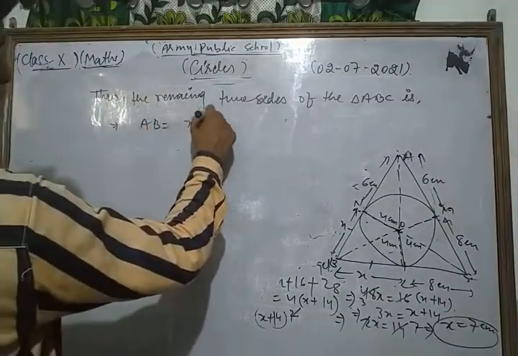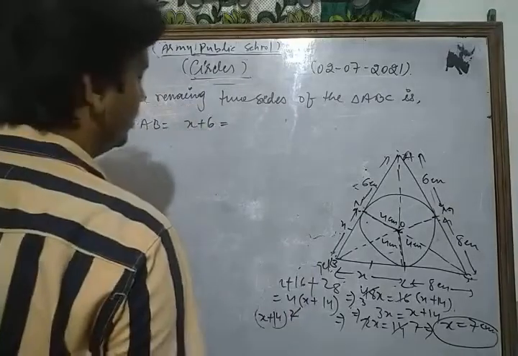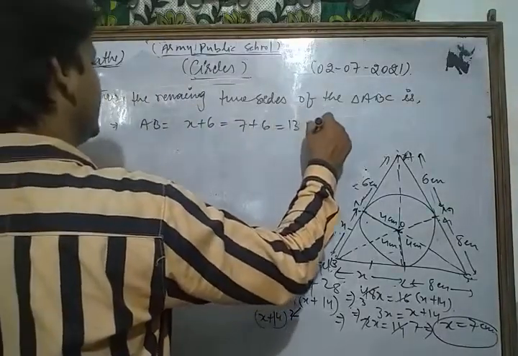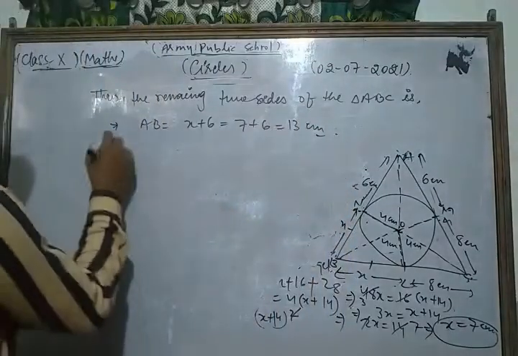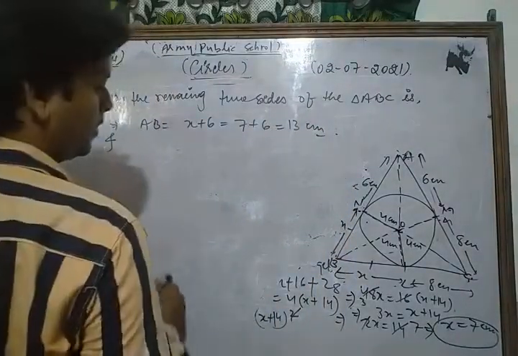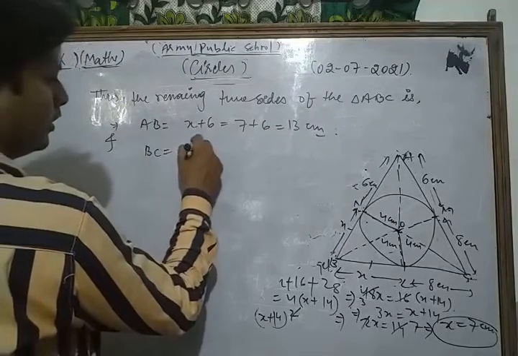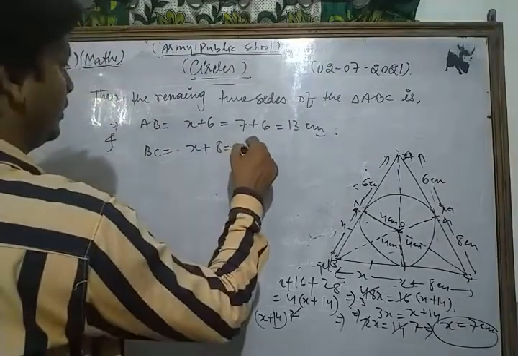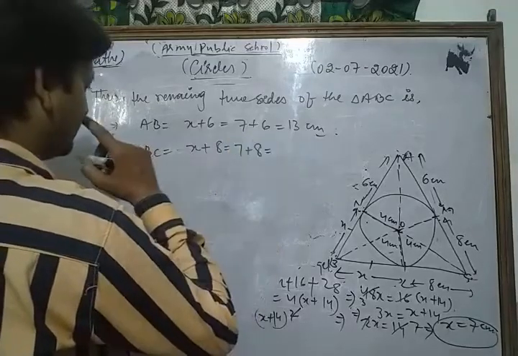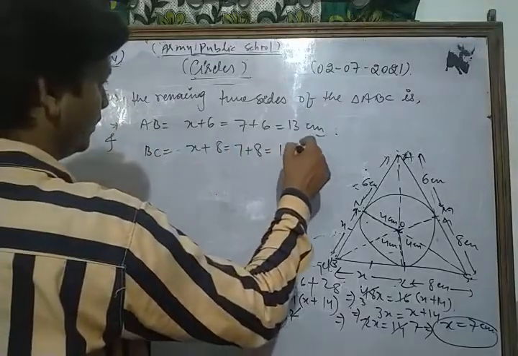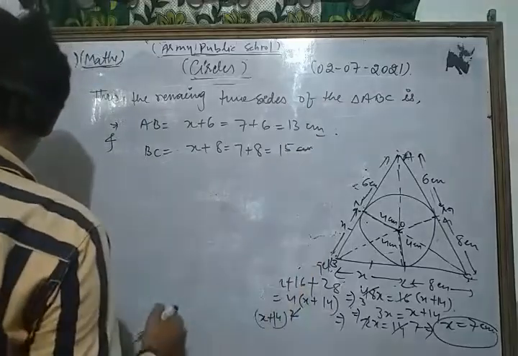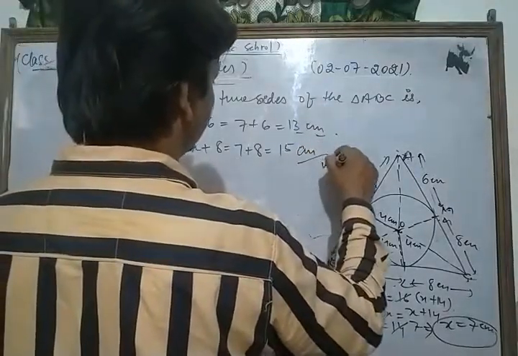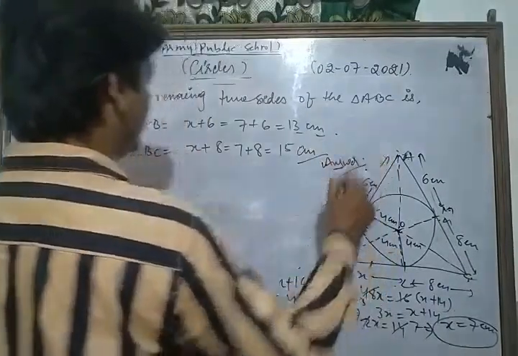AB is x plus 6, where x is 7, so this is 13 centimeter. BC is x plus 8, where x is 7, so this is 15. 13 and 15 centimeter is the required solution of the given question.